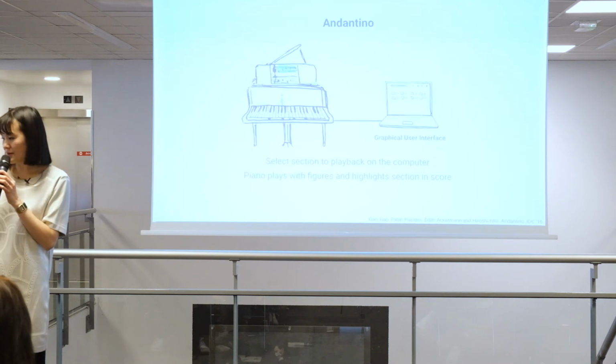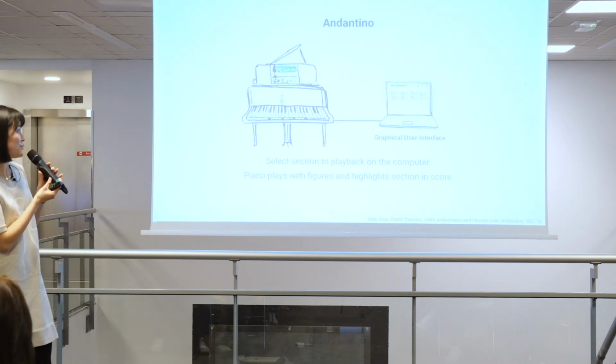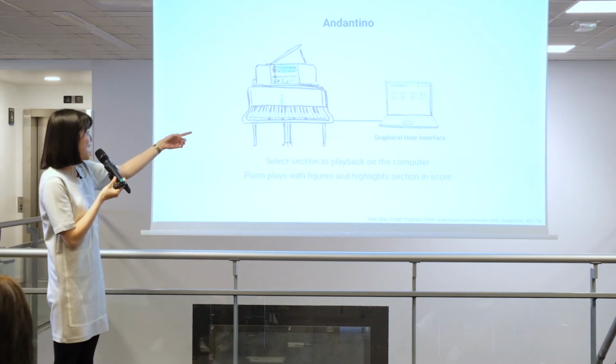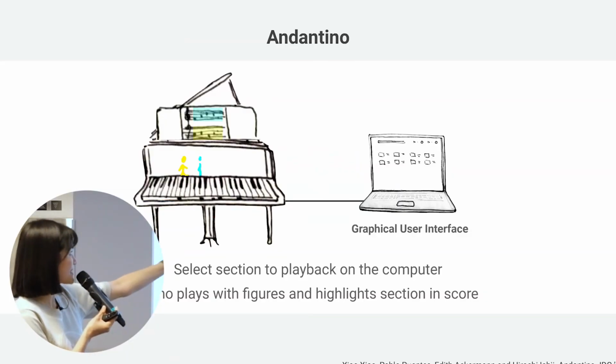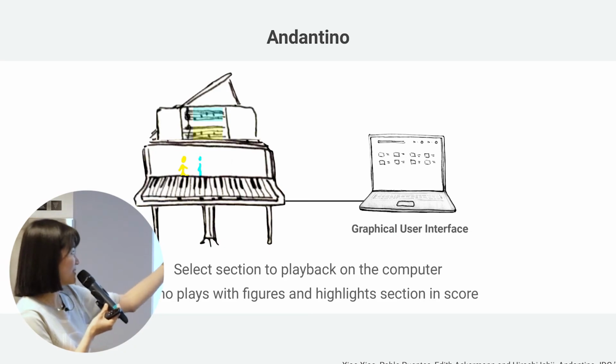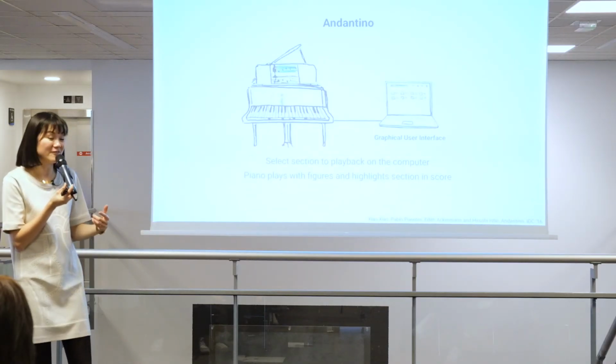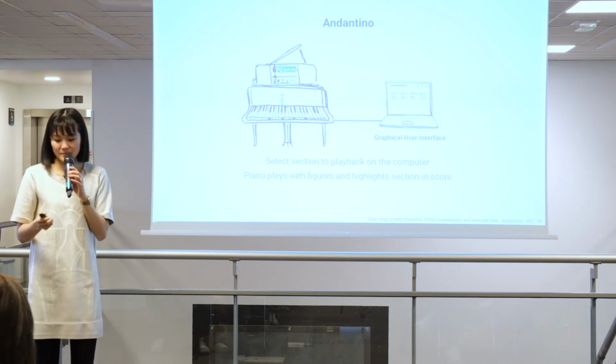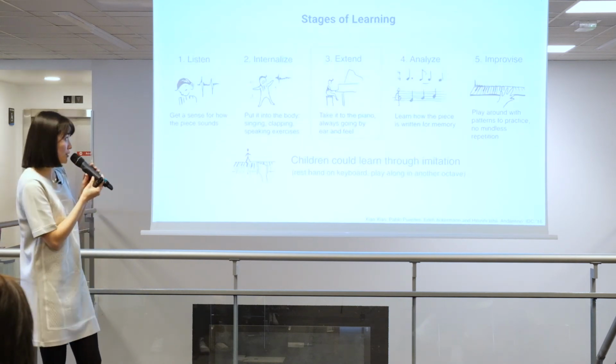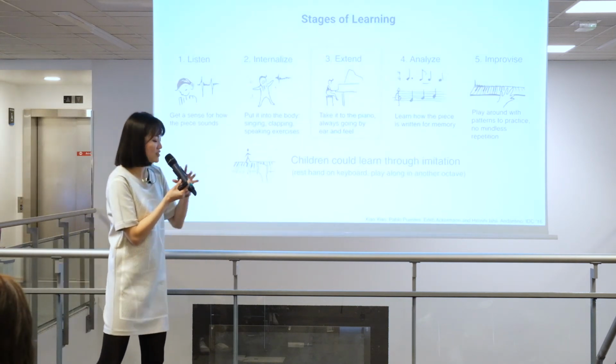And so we prototyped the system where we still have the score, but we have an interface that highlights the different parts of the score and has the little figures play the piece onto the piano as a way of having the kids learn in this extended stage.